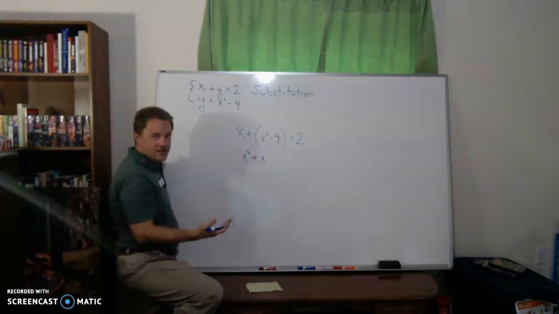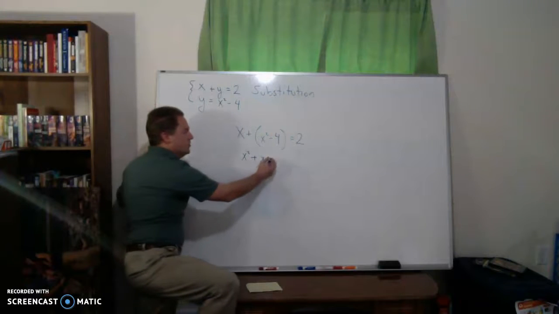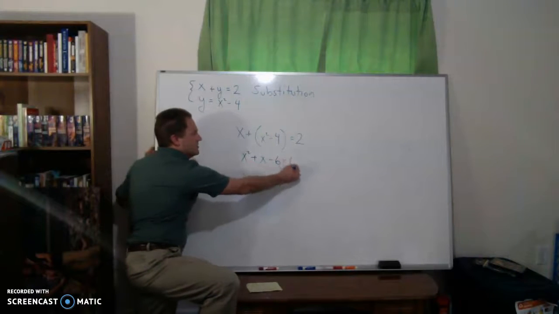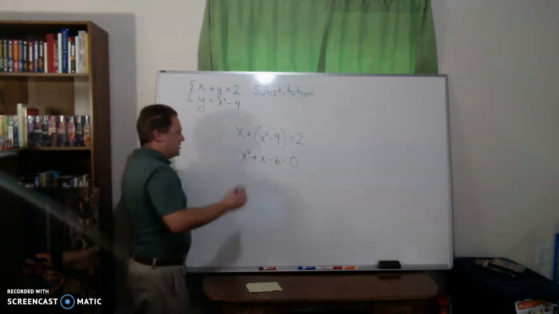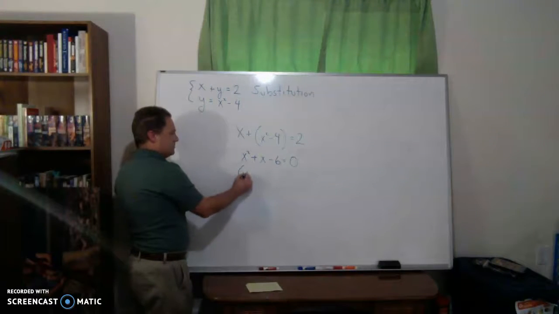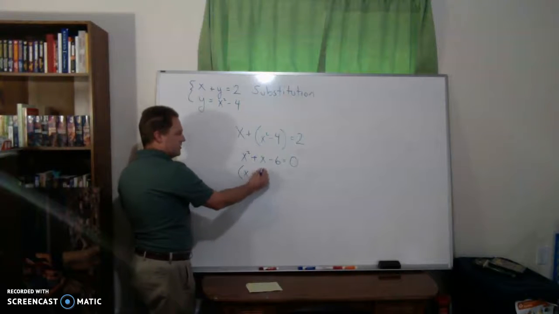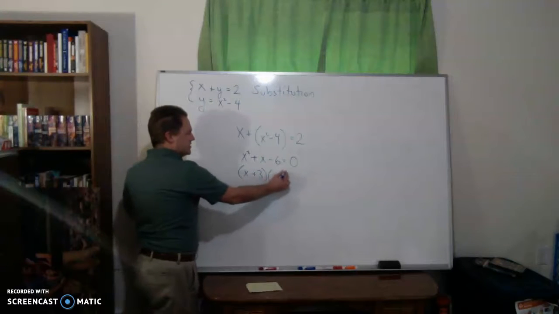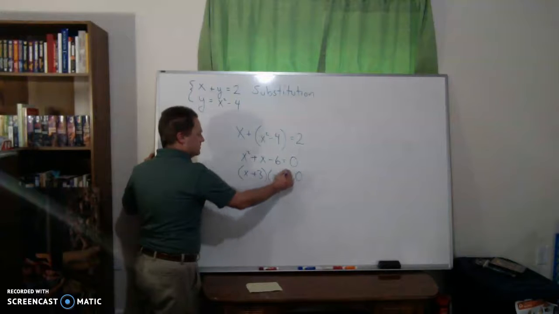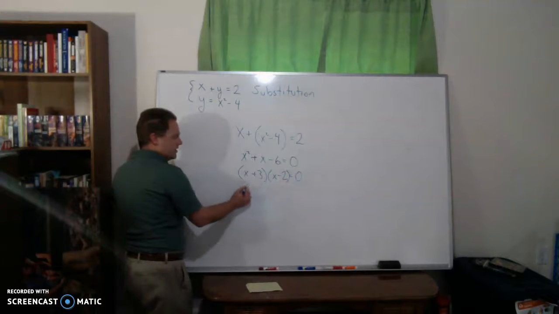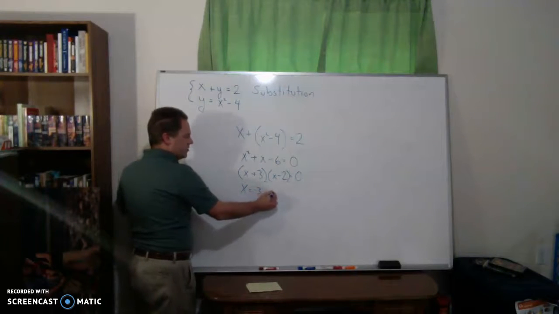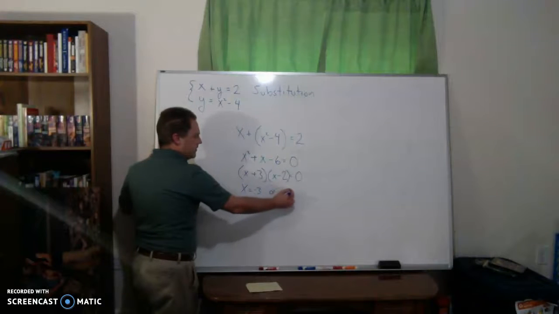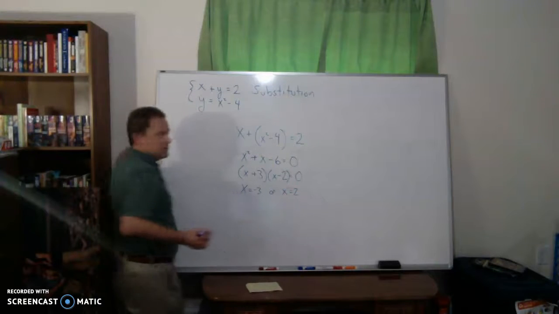I need to have a 0 on the other side, so I'll subtract the 2 and we get minus 6 equals 0. Which now means I can factor this into, what's that going to be? x plus 3 times x minus 2 is equal to 0. So we get x is negative 3, or x is 2.